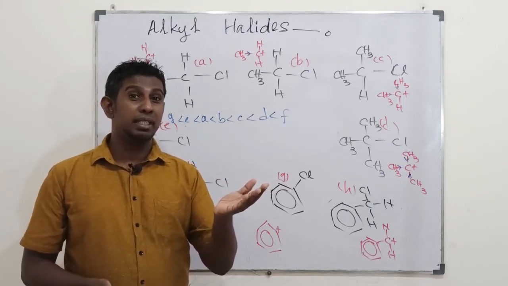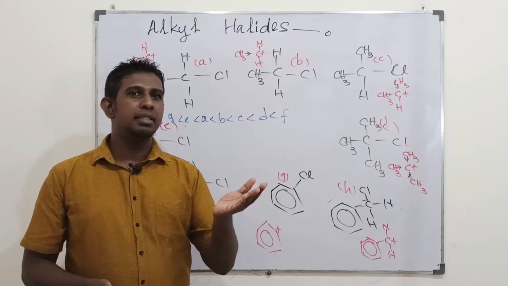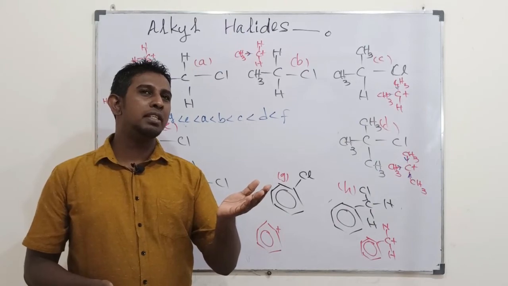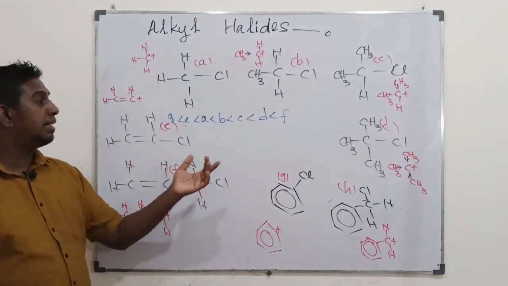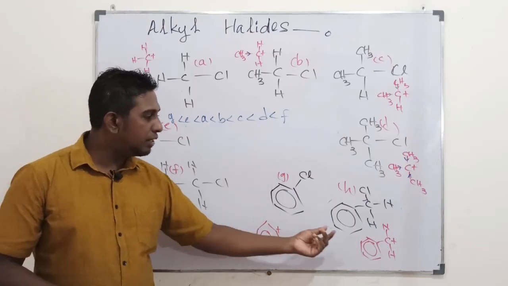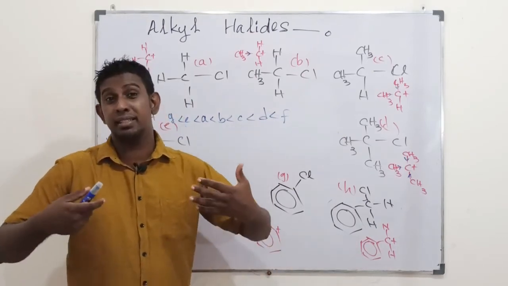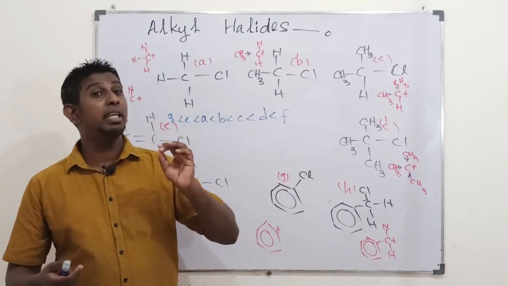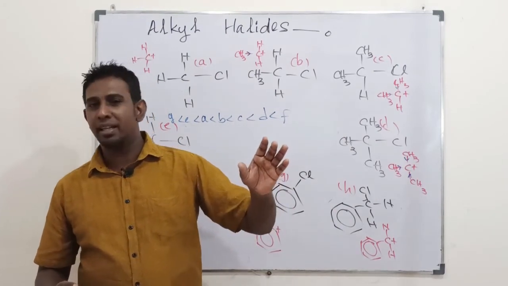Then it would be more stable. Then it's just about the number of resonance structures formed. If its number of resonance structures is greater than this, here it formed two resonance structures. If this could form further more resonance structures, it would be more stable, the carbocation form, so it would be easily going. That's all.